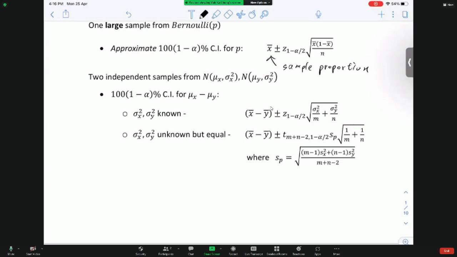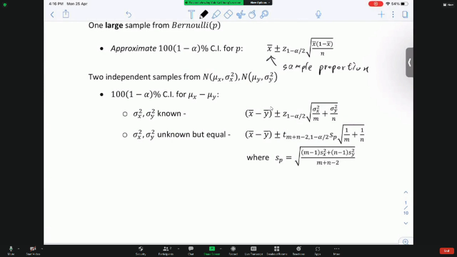And there are different scenarios. If the variances are known, then the confidence interval will be constructed using the point estimate of this difference. This is what we want to estimate.